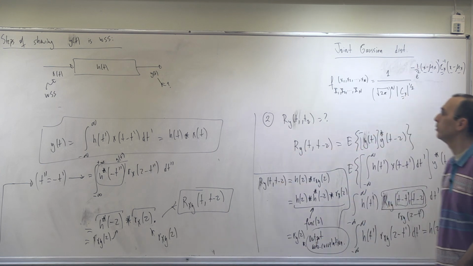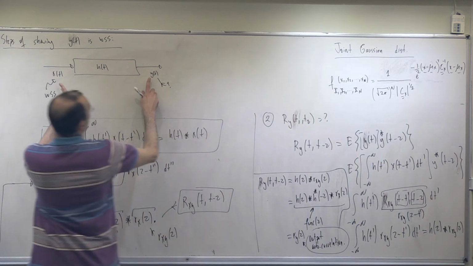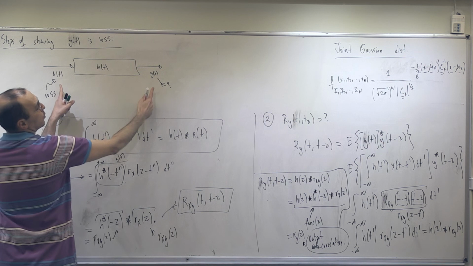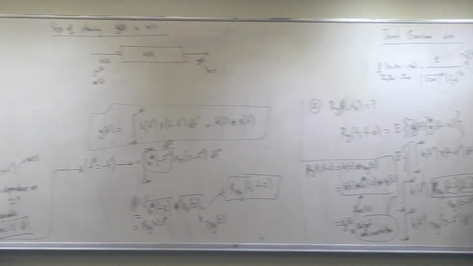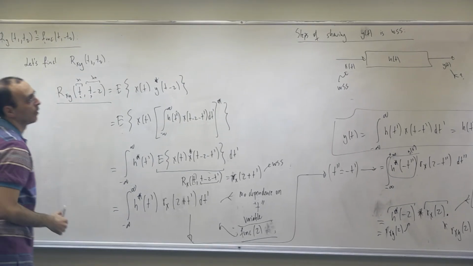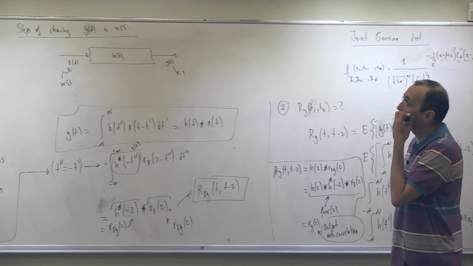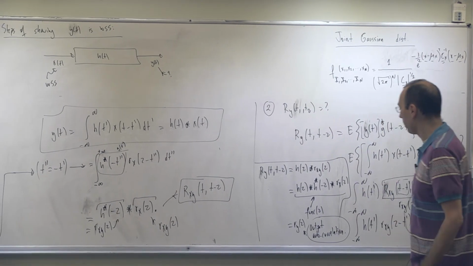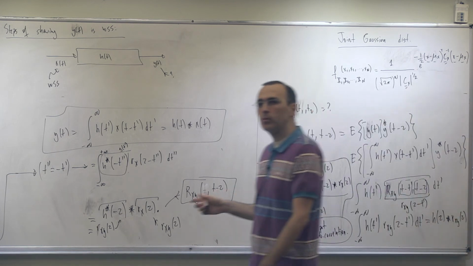It's a function of tau only. So it's a big result. Furthermore, we have learned something new: they are also jointly wide-sense stationary. Input and output are both wide-sense stationary, and their cross product, which is called the cross correlation of x and y, is also a function of the time difference tau. We will continue from this point in the next lecture.